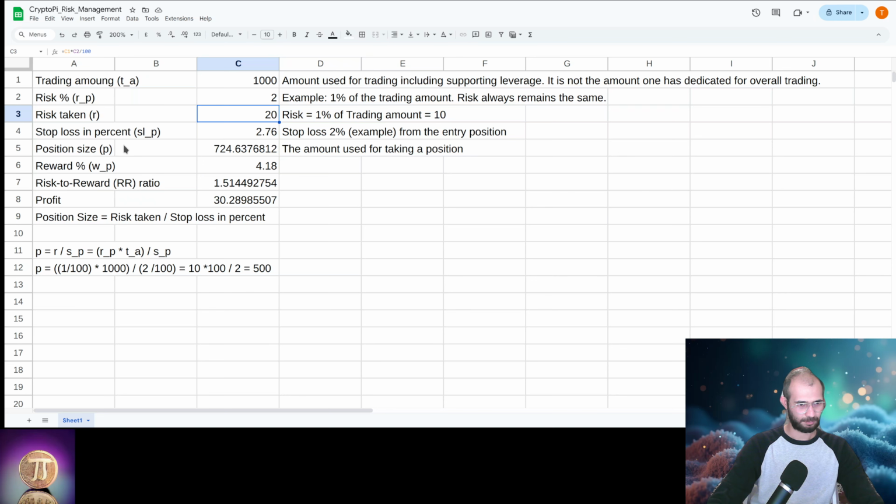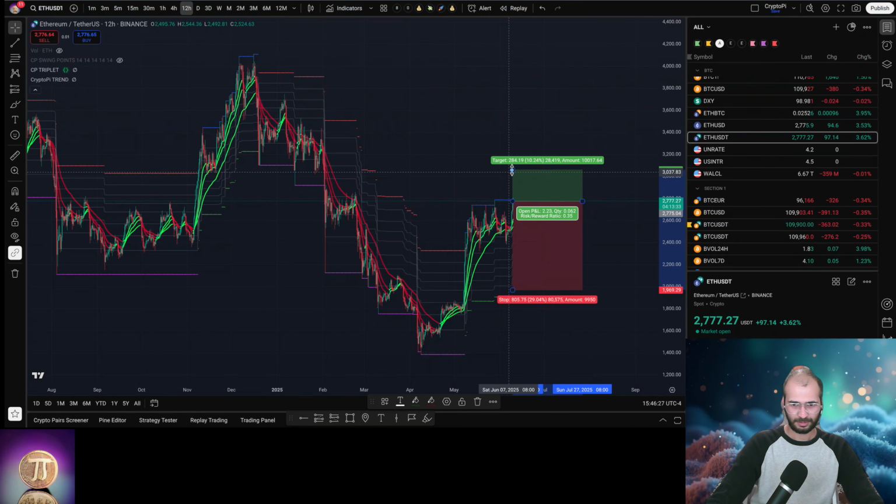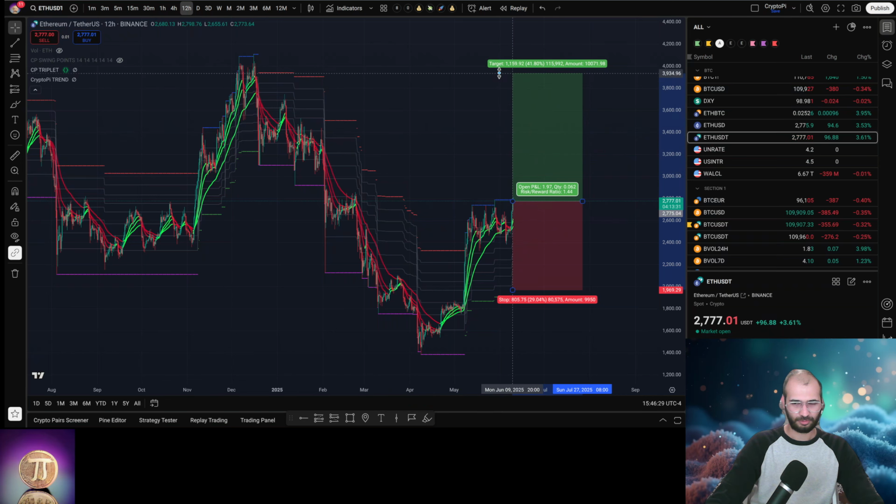I will put my stop loss in percent. It is at 29.4. So basically, the calculation tells me that I have to take a trade in the long direction with $68. And I wish to take my reward, let's say when Ethereum reaches its all-time high.